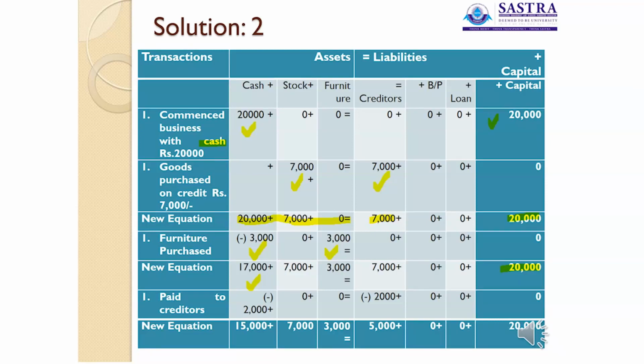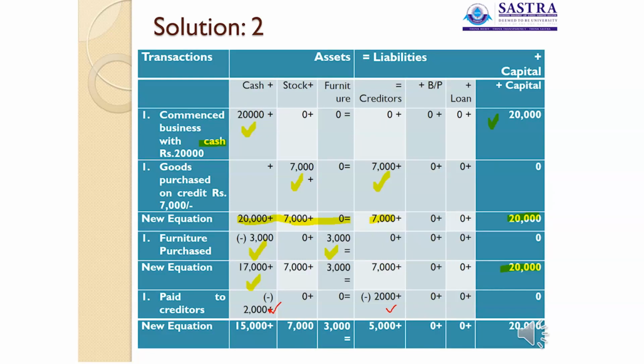Here there is no effect on stock, no effect on furniture. Now the creditors value decreases, so minus 2,000.